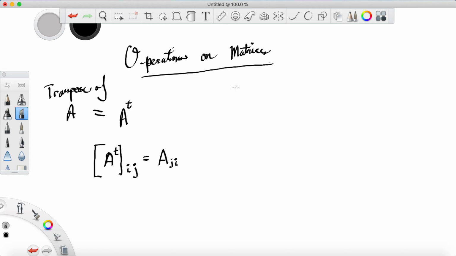In other words, we're going to reflect around the diagonal. So let me give a simple example. Suppose you had matrix B with entries 7, 1, 0, 4, -1, 3, 2, 9, and 6.